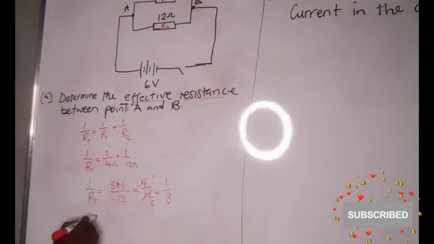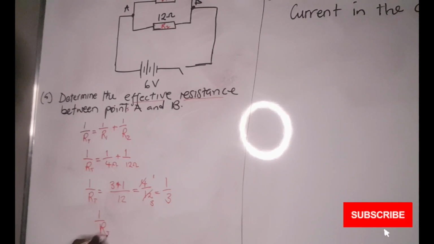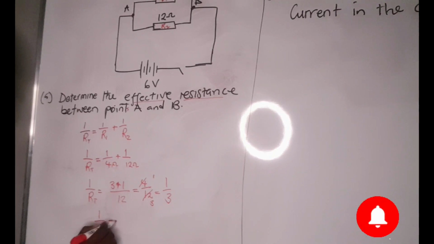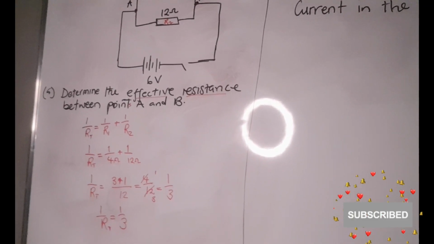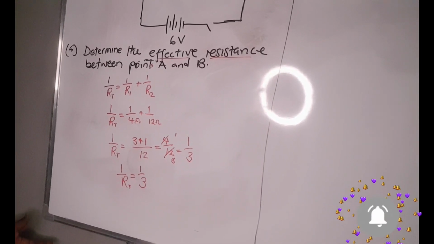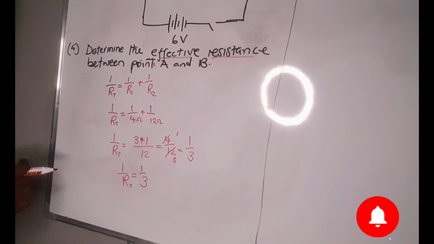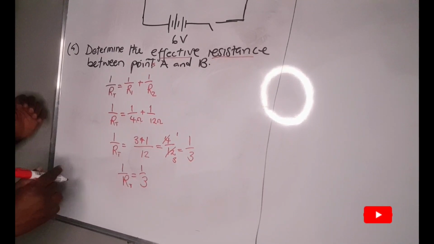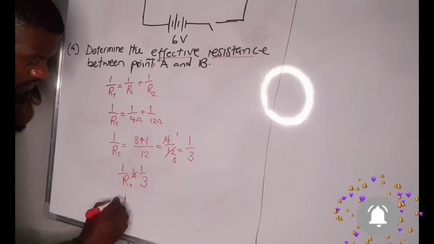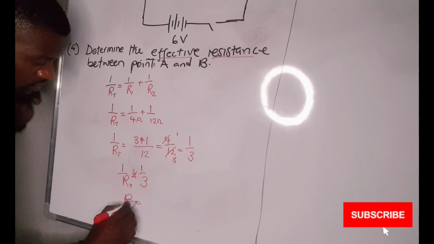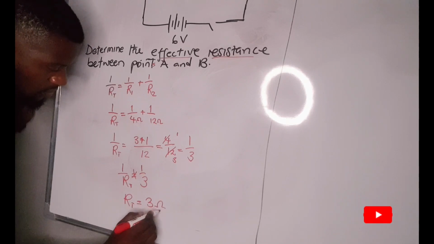So when you have that, we say 1 divided by combined resistance is equal to 1 over 3. Here we are calculating the combined resistance, we are not calculating the reciprocal of the combined resistance. So we are going to cross multiply, and you are going to have RT is equal to 3 ohms.